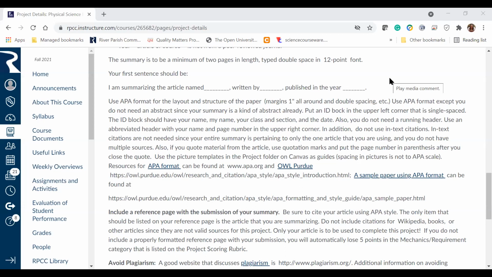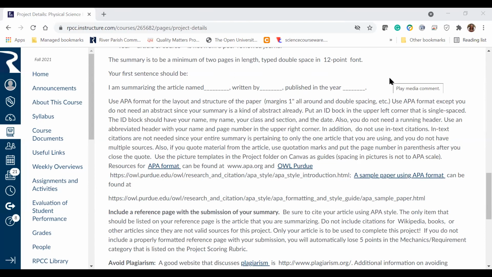So if you're writing a research paper, you might have 5 or 6 different sources that you're utilizing, maybe even more. And it would be proper to document or cite your source within your actual paper so that anybody reading it knows where the material came from.